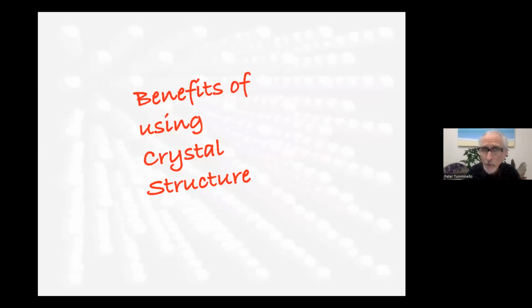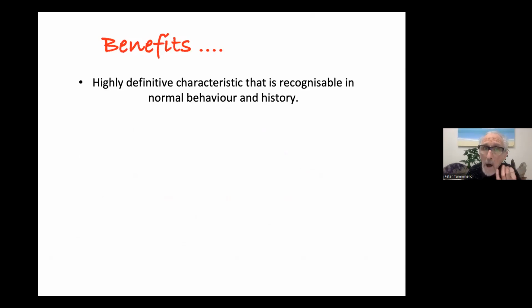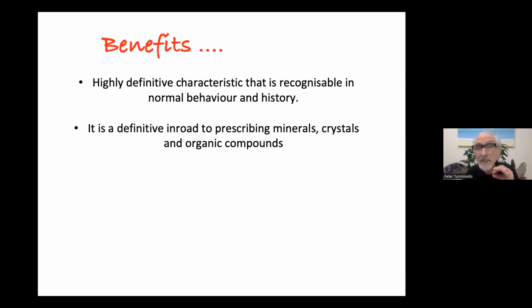Some of the benefits of using crystal structure. Its highly definitive characteristic is recognizable in normal behavior and history. So one doesn't often have to go to great lengths to actually perceive the structure, especially if you're well studied in it. It's a definitive inroad to prescribing minerals, crystals, and organic compounds.